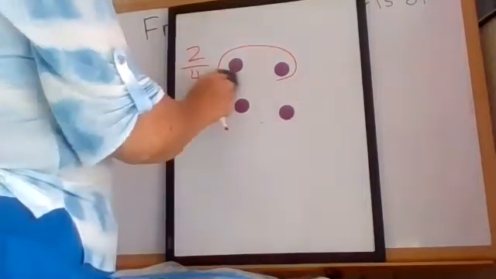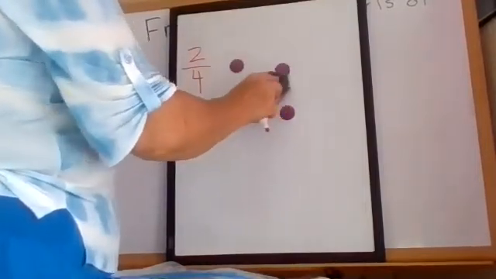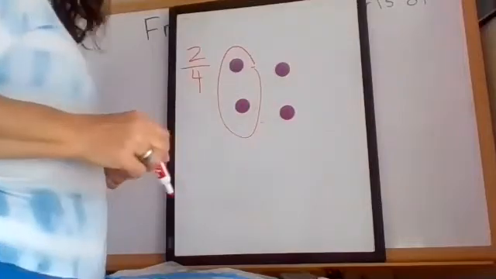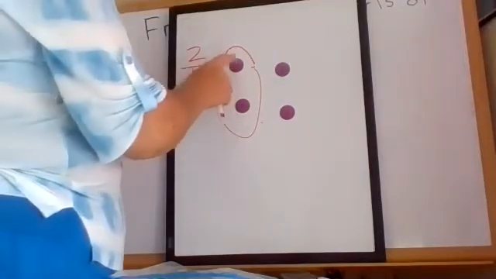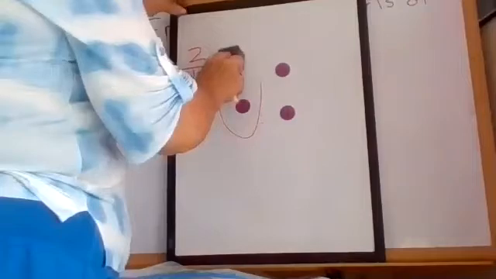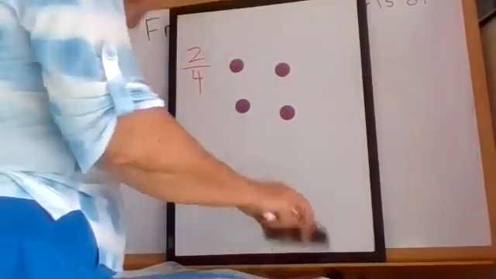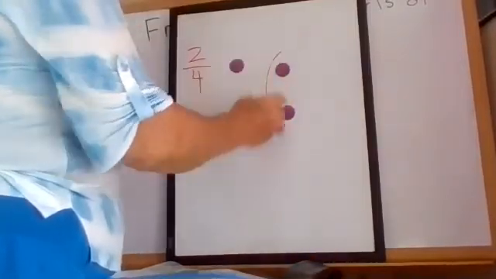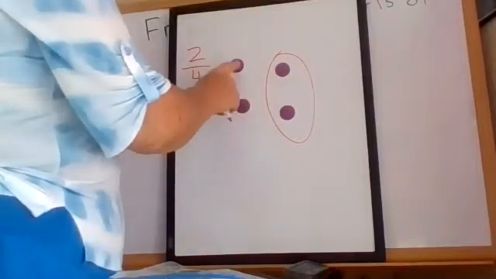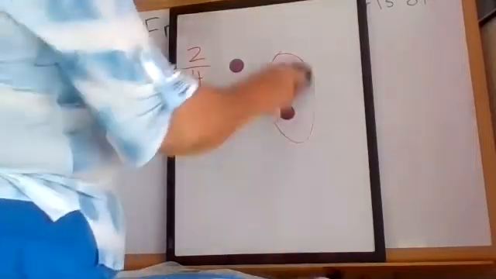Let's see some ways we could have circled 2. Could we have circled them this way? Yes, that still is 2 out of 1, 2, 3, 4. 2 out of 4. Could we have circled them this way? Yep. We have 1, 2 out of 1, 2, 3, 4. 2 out of 4.